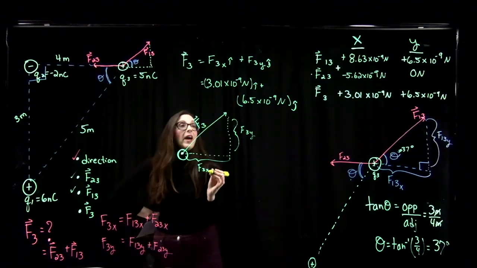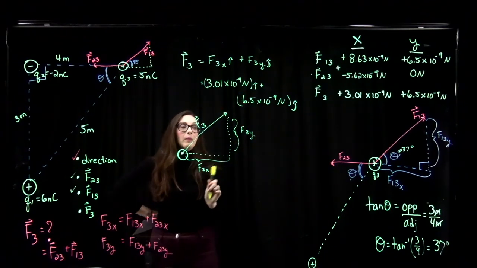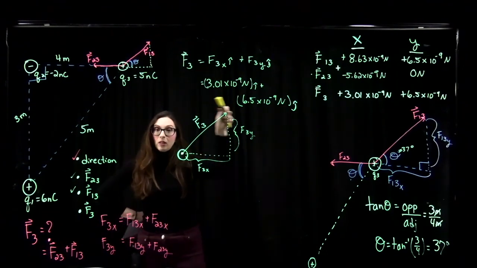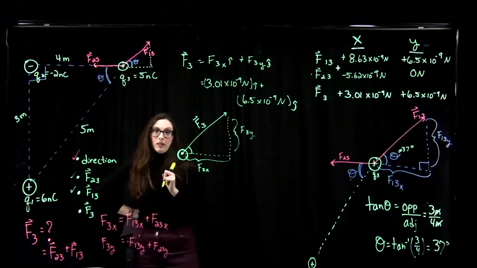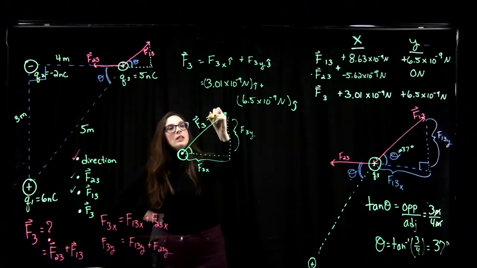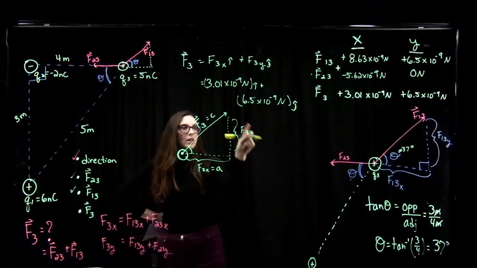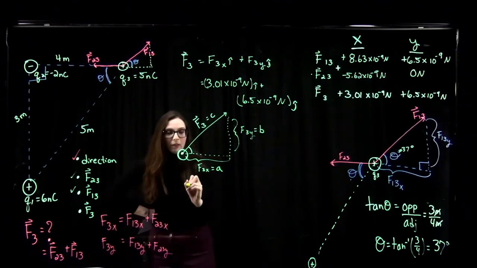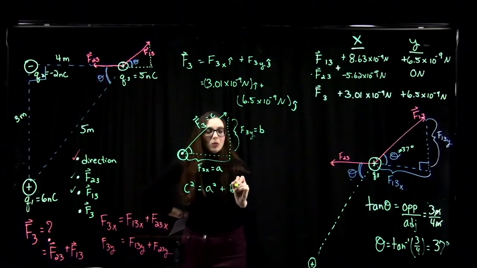Okay, so we found that component F3x, and we found this component F3y. In order to get the magnitude of this vector right here, we can use the Pythagorean theorem. We can say that this side, our hypotenuse, is C. The x leg we can call A, and the y leg we can call B. Remember, in our Pythagorean theorem, c squared is equal to a squared plus b squared.